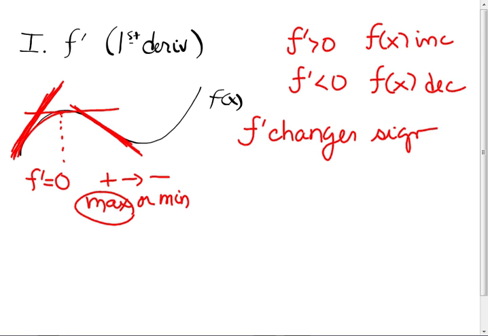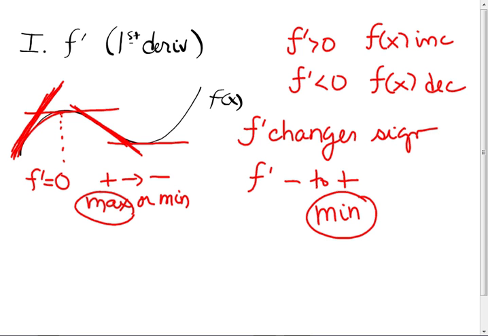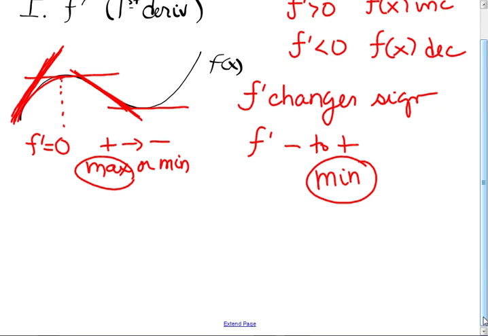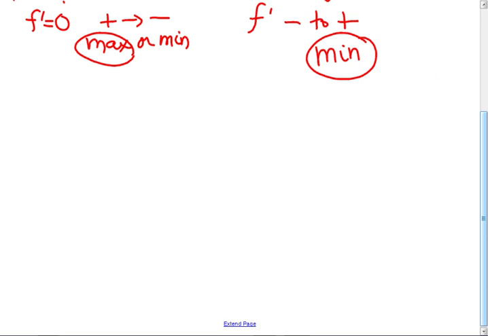What about down here? F prime is going to go from minus to positive, and so it's going to be a minimum. So guess what test that is? Remember? First derivative test.